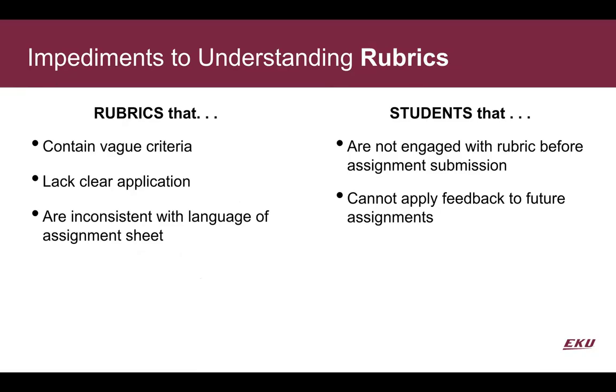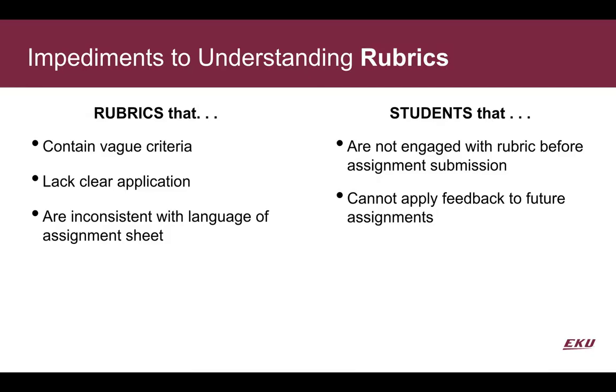Regarding the rubrics, again, if the rubrics contain vague criteria that aren't detailed enough for students to understand and engage with the rubric, then there will be no understanding and engagement with the assignment submission.